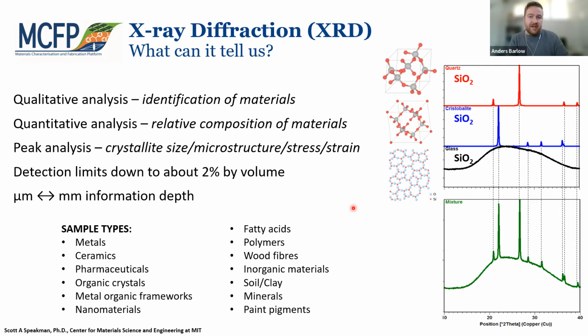Information depth is similar, microns to millimeters, depending on the X-rays going in and the matrix the material is in, as to how quickly they'll be absorbed inside the sample. We have an example here of all the different sample types that we can put into this instrument. I won't list them all here, but it's fairly broadly applicable. If you have crystallinity in your sample and we can get it into one of the sample holders that we have, we can probably get a diffraction pattern from it and hopefully identify exactly what you've got.